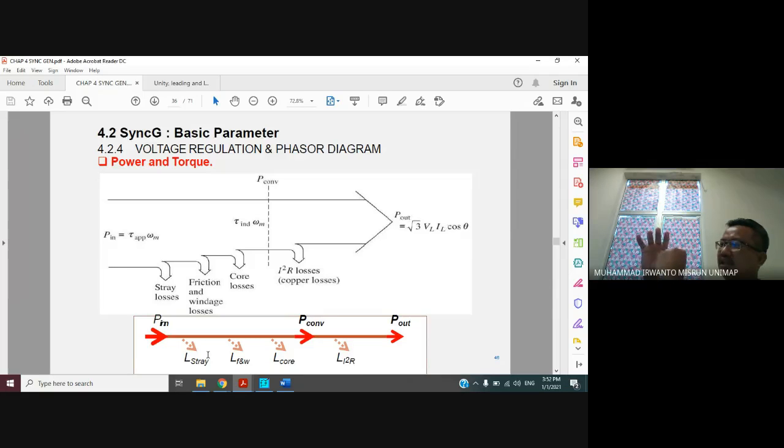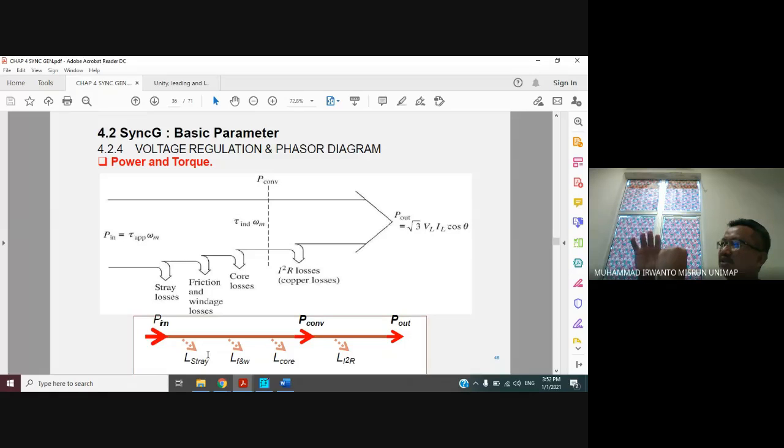Meaning the rotor produces mechanical energy. Remember, the last part, the stator, is electrical, and this relates to the definition of the generator, a device that converts mechanical to electrical.